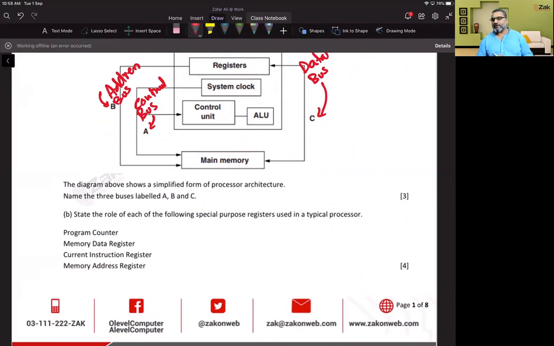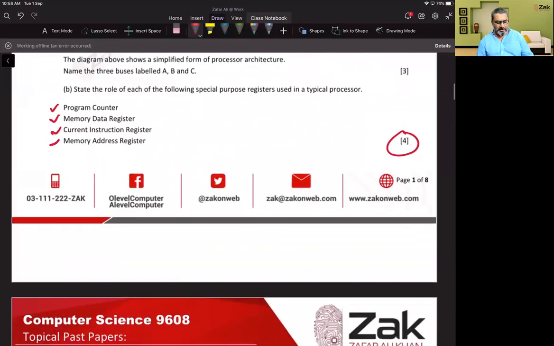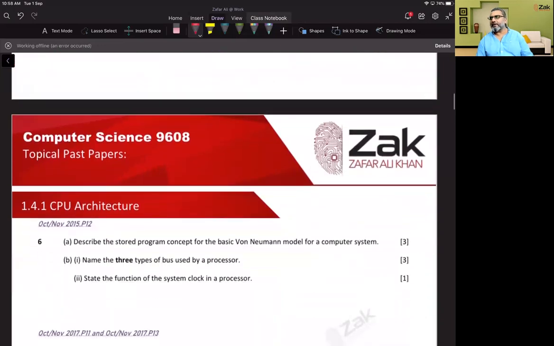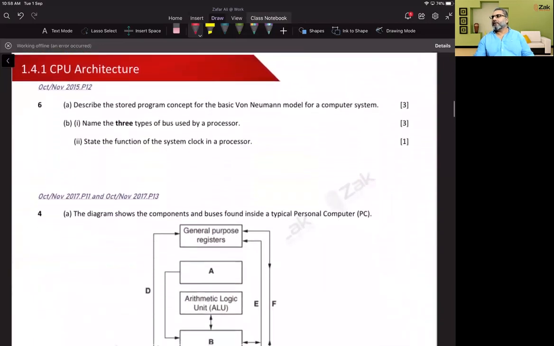Current instruction register stores the current instruction which is being executed and decodes and executes it. Memory address register stores the address of the memory location which is about to be accessed. Since these are four and there are 4 marks allocated, you don't have to write a lot. Just a single solid sentence for every single part.